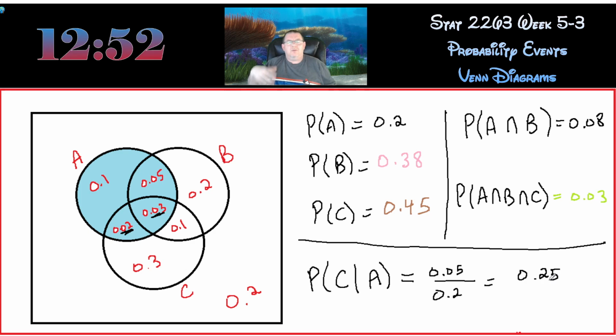Now you might ask, wow, where does this come up in real life? Well, what's the probability of getting cancer if you're a smoker? What's the probability of getting lung cancer if you've already had pancreatic cancer? What's the probability of getting asthma if you've had COVID? Those are all questions that we ask daily in medical science that is conditional probability.